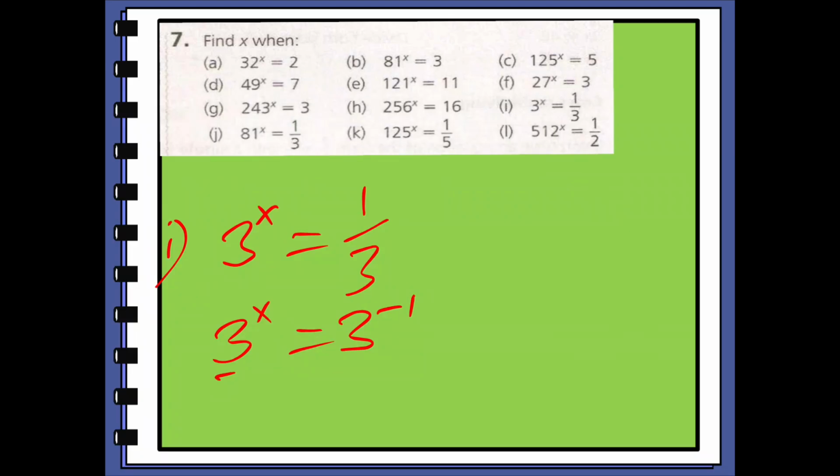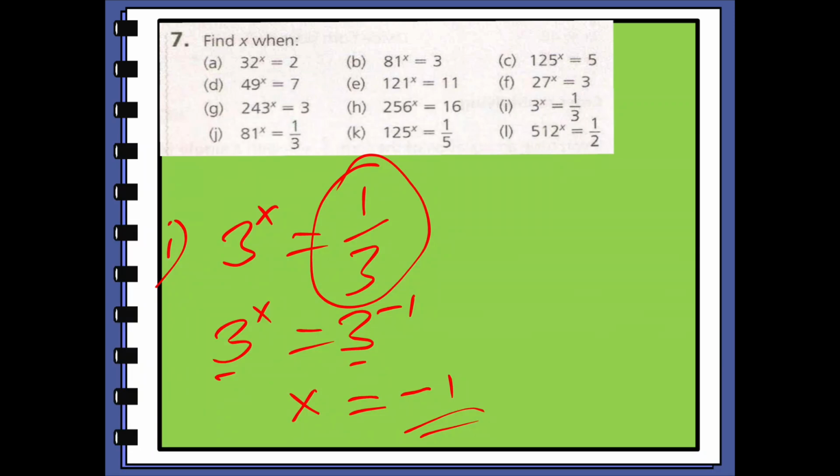Now the bases are the same, only that we have worked from the right side. To find what x is, x equals -1. So our answer here is -1. It's just a matter of knowing what 1 over 3 means. It means 3 power -1. Just like that, we've answered.